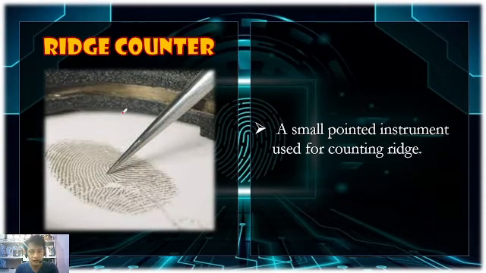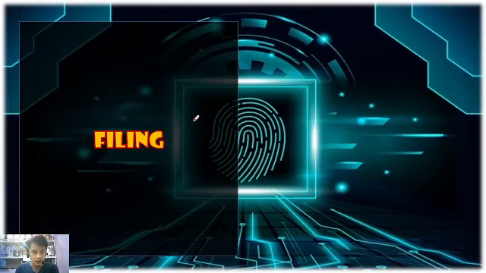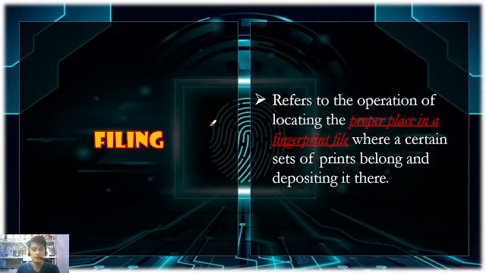And next in here is ridge counter. Okay, we have here an instrument. Okay, so this is called as ridge counter. It's a small pointed instrument used for counting ridges, and we call it as ridge counter. Okay, and filing naman. Pag sinabing filing, it's just simply refers to the operation of locating the proper place in a fingerprint file.